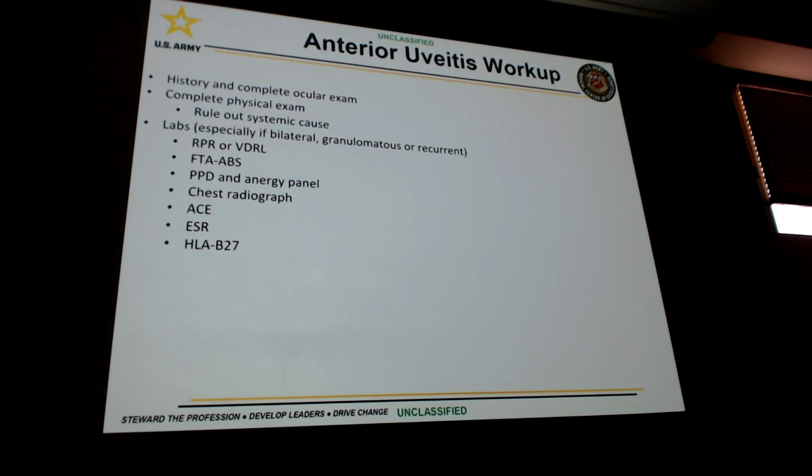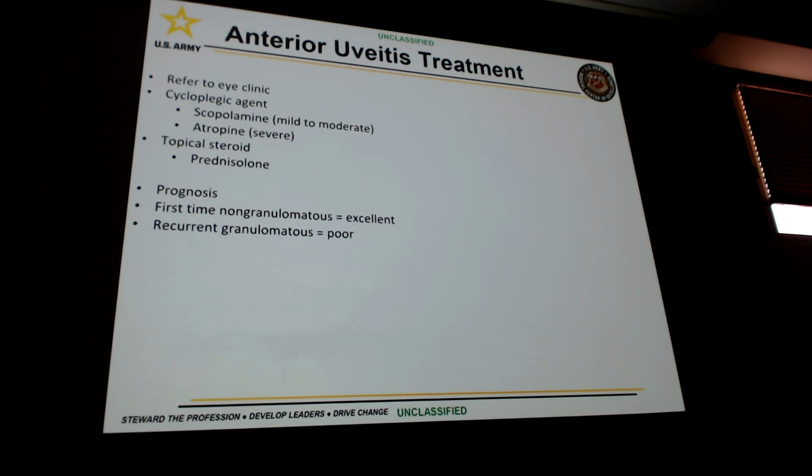How do we work these patients up? Got to figure out what's going on. Again, if you come in once, perhaps it's just idiopathic and you're unlucky. If you're coming in more than once, we're doing a workup, figuring out what's causing this uveitis to occur. So you're running a bunch of labs, and then you're referring to either optometry or ophthalmology for uveitis.